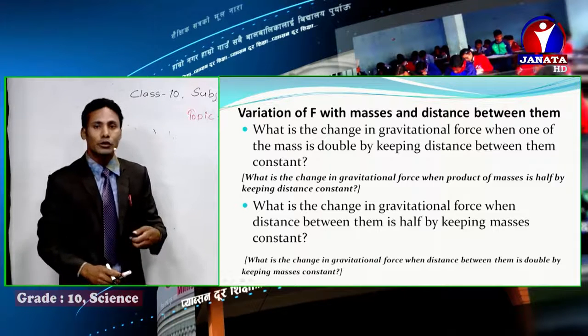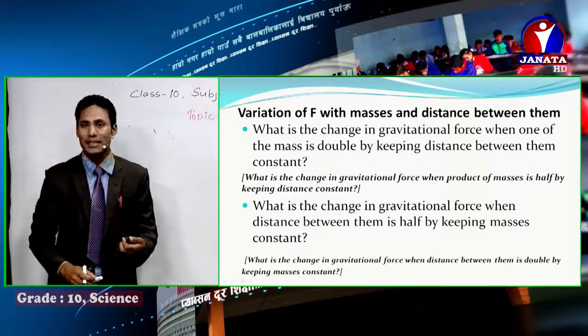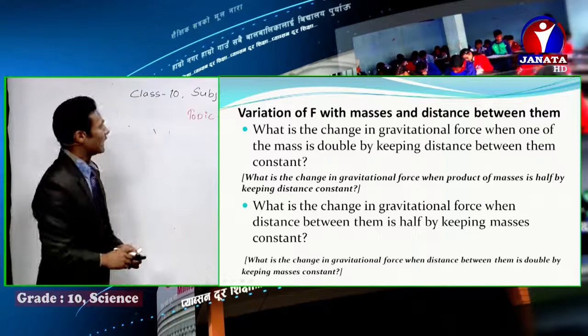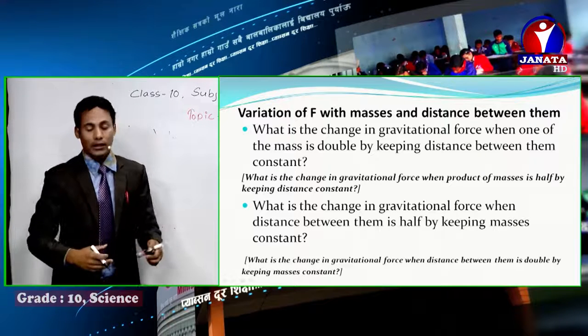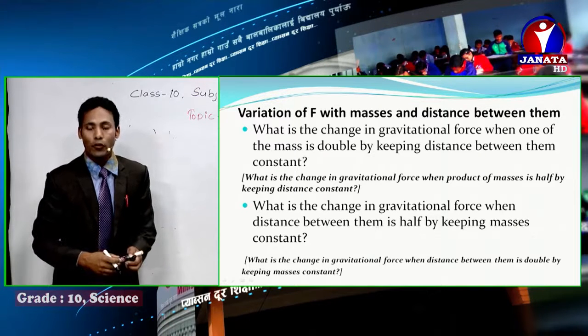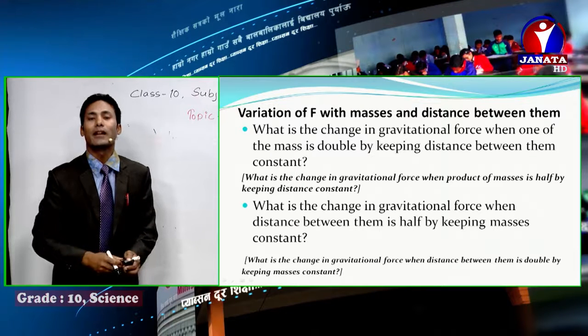So we are going to check the variation of gravitational force with mass and distance. So let's derive that.